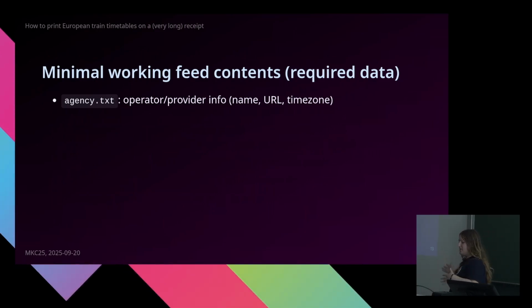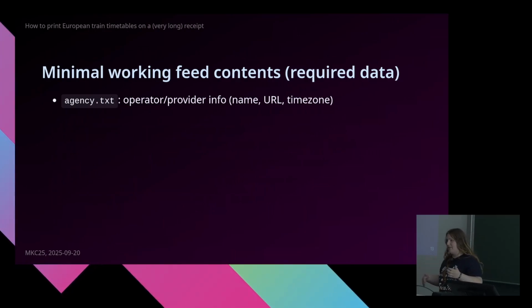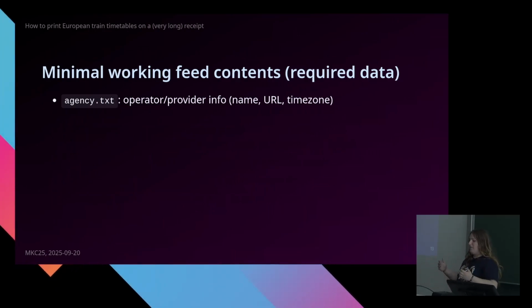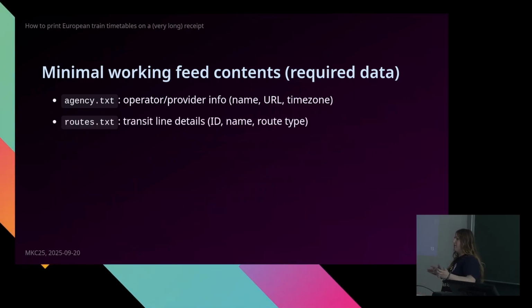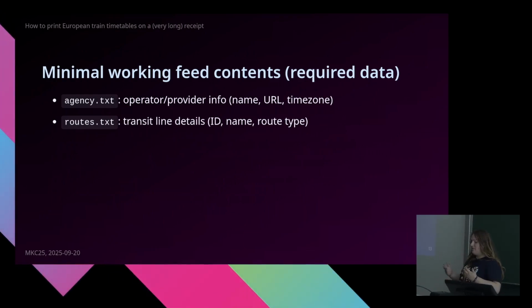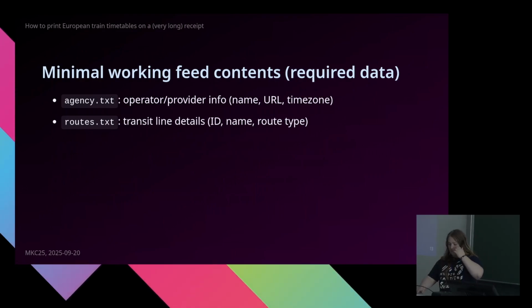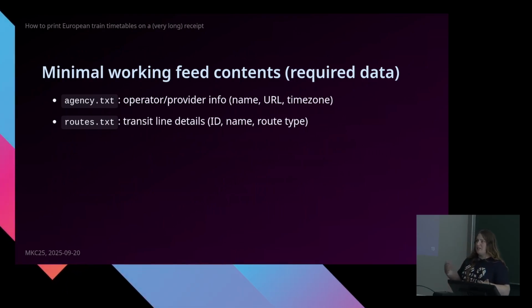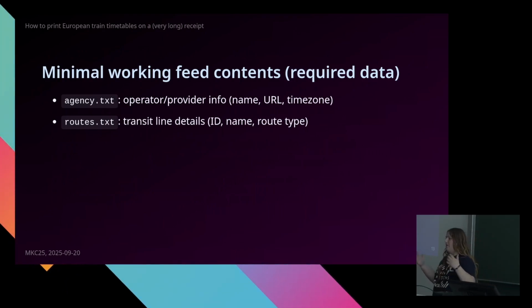It's going to have an agency file, which is going to basically have a basic descriptor of who's publishing the data. It's also going to have line details, which in the most basic case just has a name and a route type, which is important because we actually want to know if it's a train or a bus or a tram or subway or whatever.